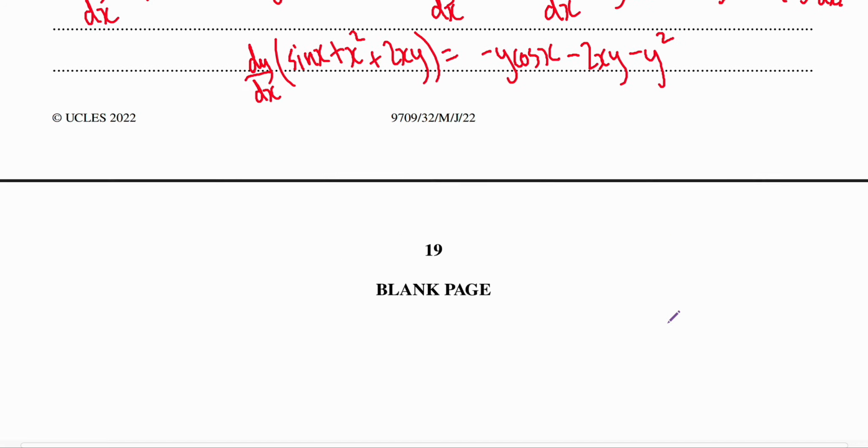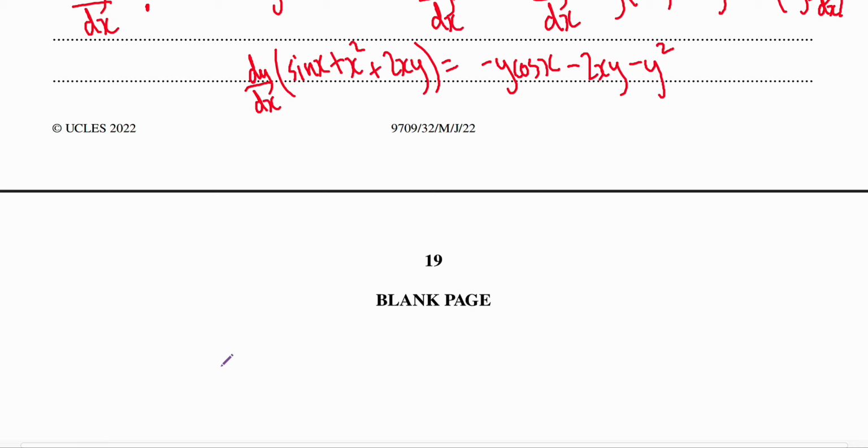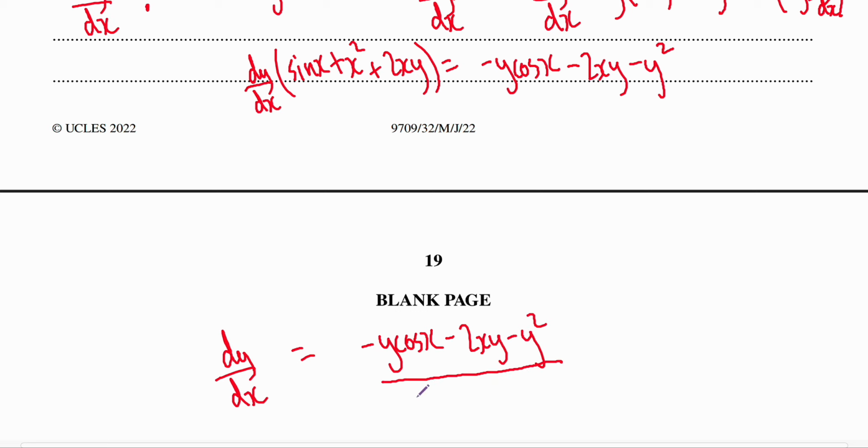And then to find dy by dx, you can just divide both sides by the coefficient of dy by dx, which is equal to minus y times cosine of x minus 2xy minus y squared, all divided by sine of x plus x squared plus 2xy. And that's how you take implicit derivatives.